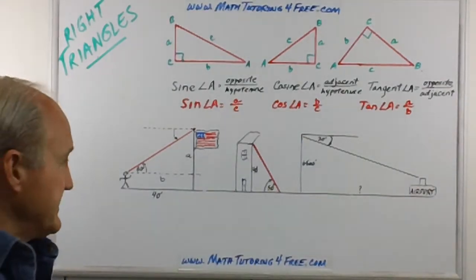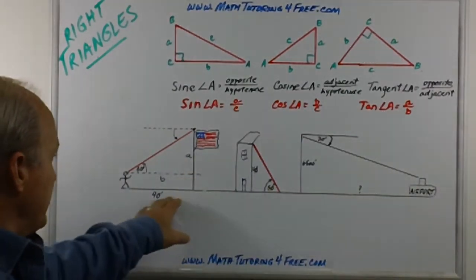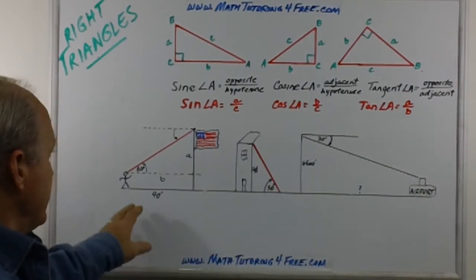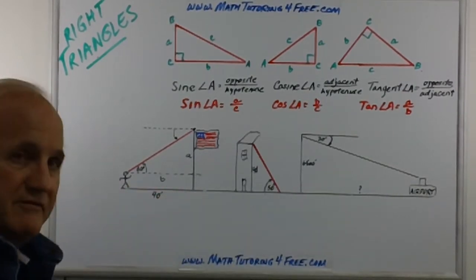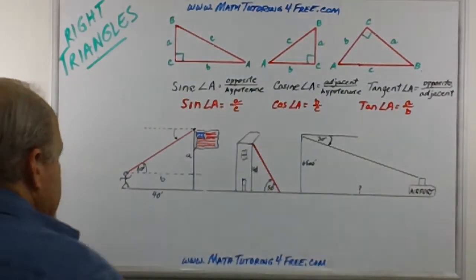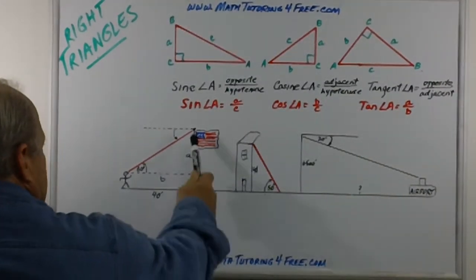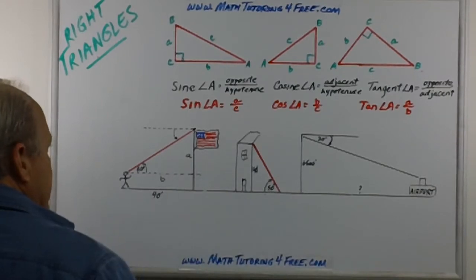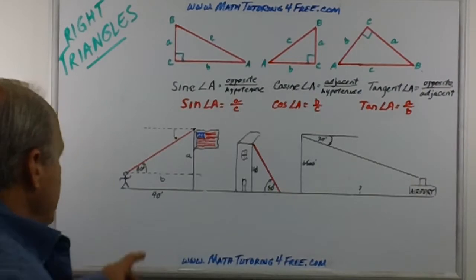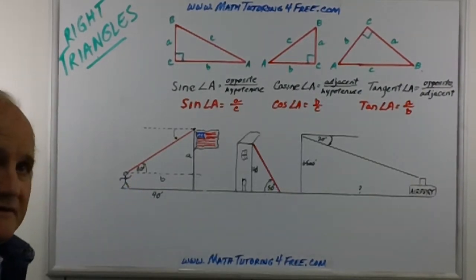If we look at this, obviously we form a right triangle with the ground and the flagpole. And if we look at the sides that we're looking for or know, the side opposite is the height of the flagpole. That's what we need. We know we're 40 feet away from it, and we know the angle is 60 degrees.